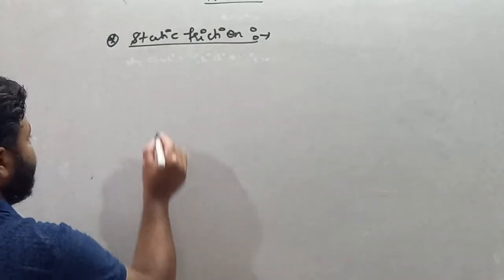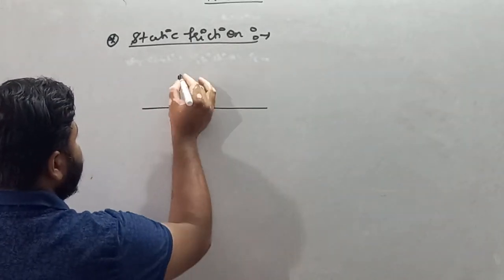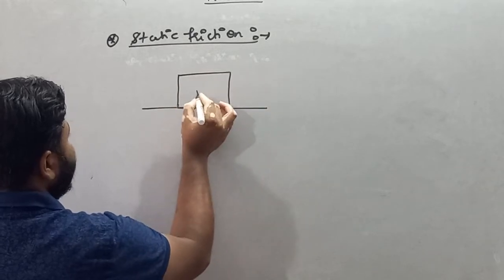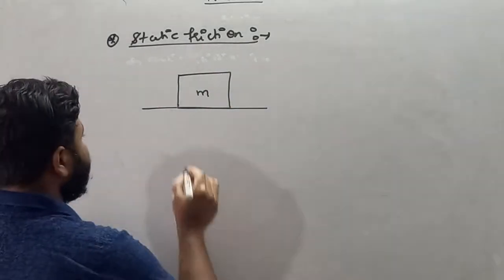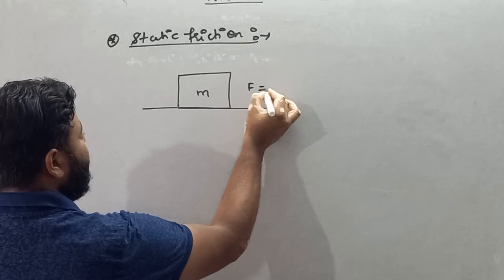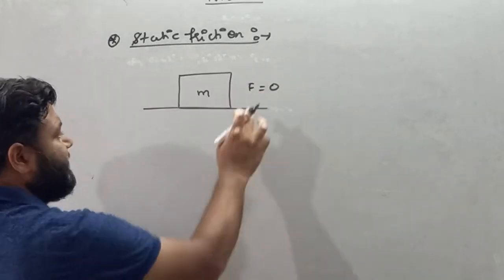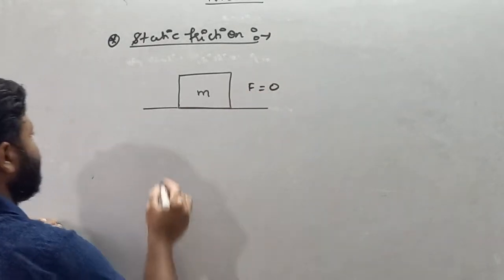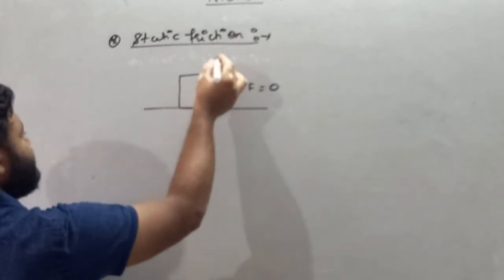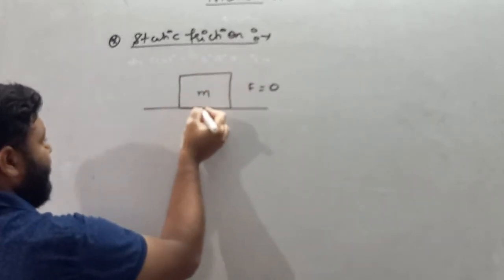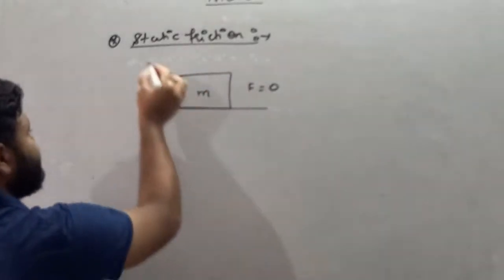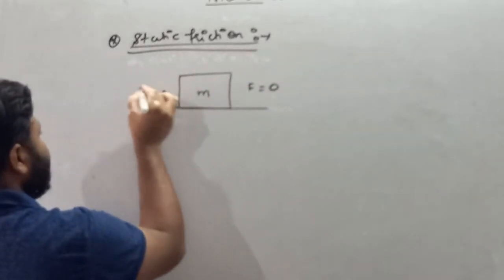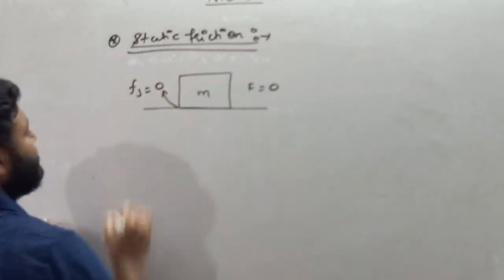So my dear student, if we have a body of mass m placed on a surface, and let's suppose no force is applied, that is, applied force is equal to 0, then the body is at rest, hence the friction between body and surface is static friction, and the value of static friction is equal to 0.